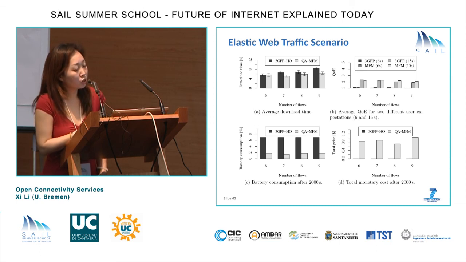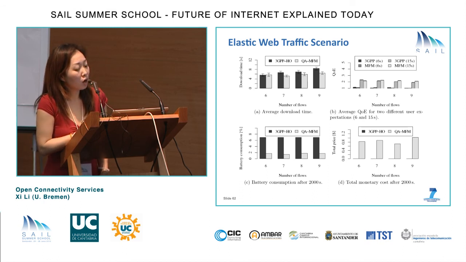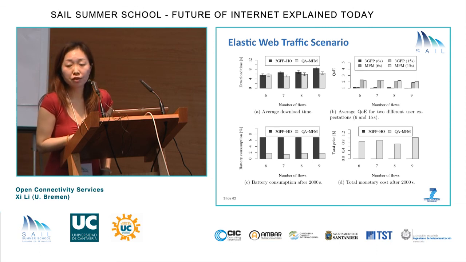And in this case, we have estimated the quality of experience by looking at two different expectations. One is using 3 seconds, and the other is 50 seconds, which are the expected duration of downloading this web application. So we can see that by choosing different expected values, we will get different values of quality of experience.